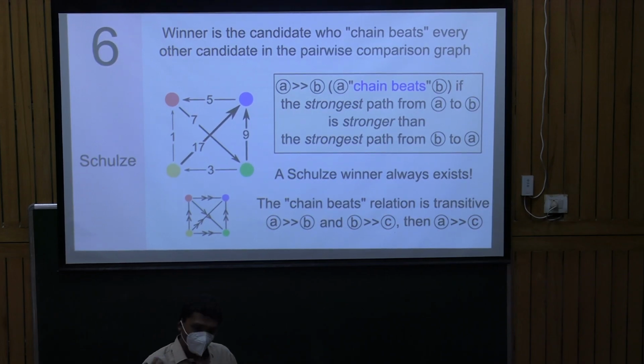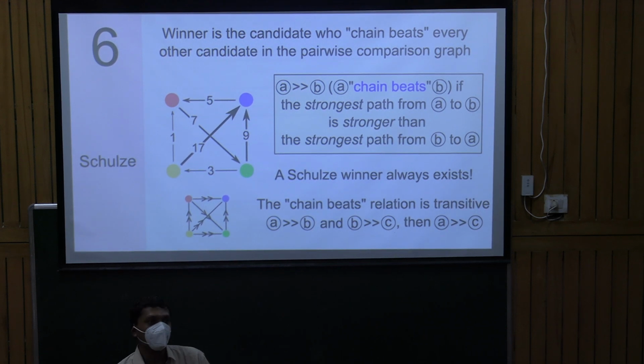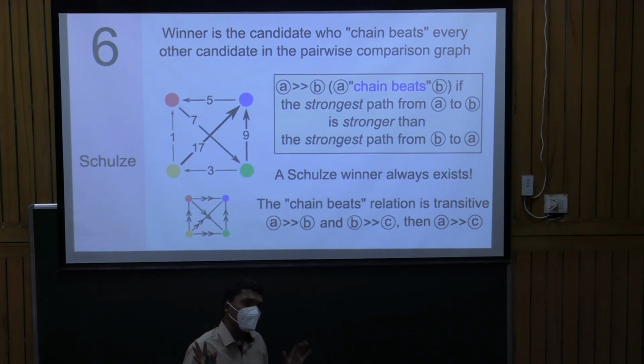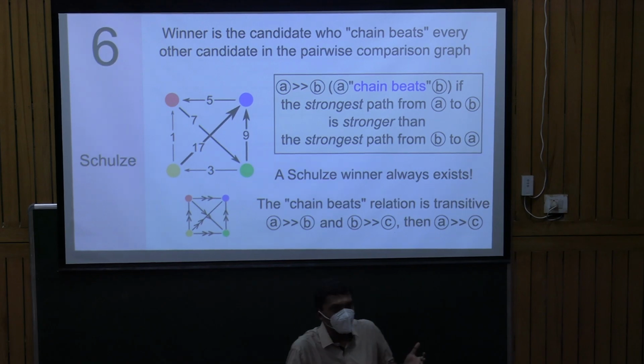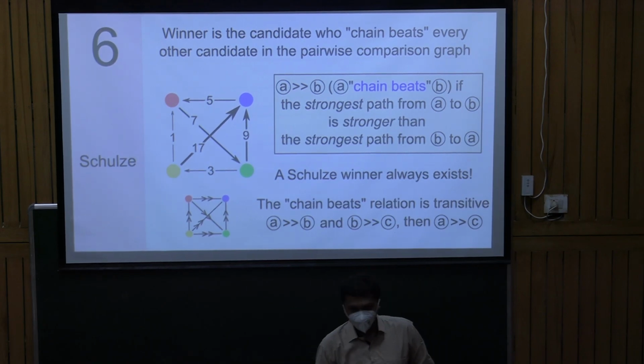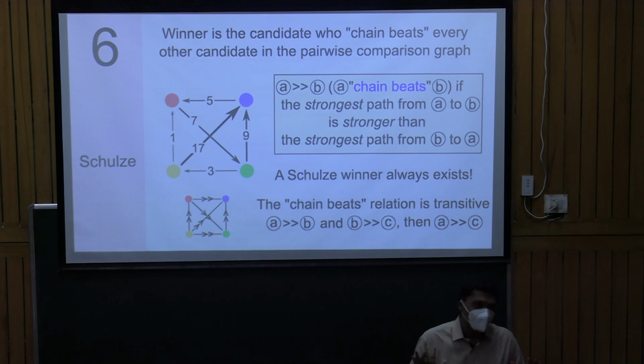So the worst case support that this chain of beat relations has is more than the worst case support in the opposite direction. That's why I'm better than you. It's a bit complicated, and harder to explain in English, but if you stare at it, hopefully it will start making sense.